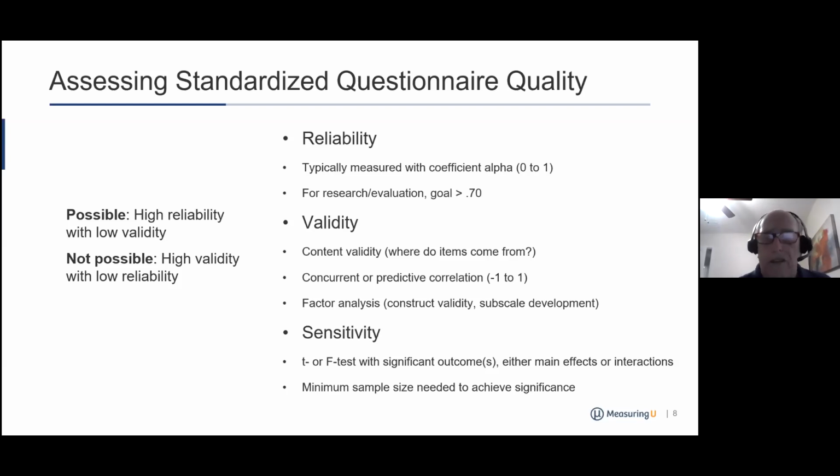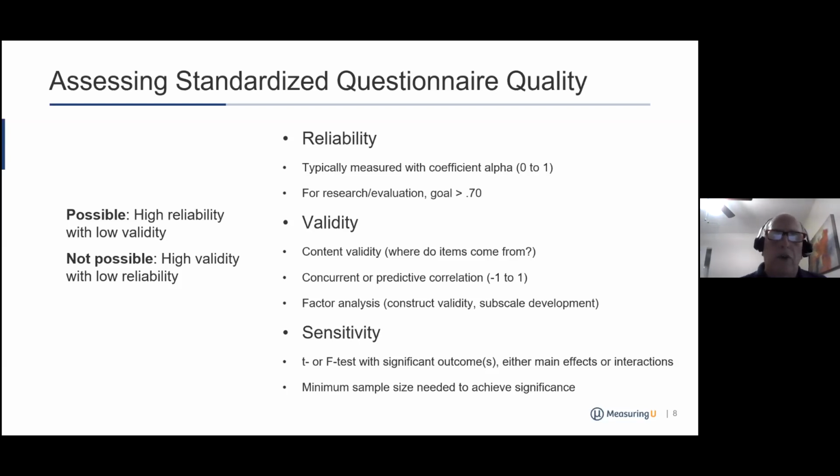Concurrent or predictive validity is established through correlation with other metrics. And as you know, correlations can go from -1 to +1. And there are methods for determining when correlation is significant.